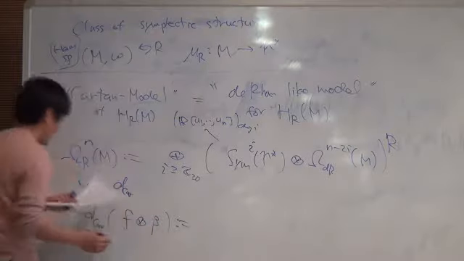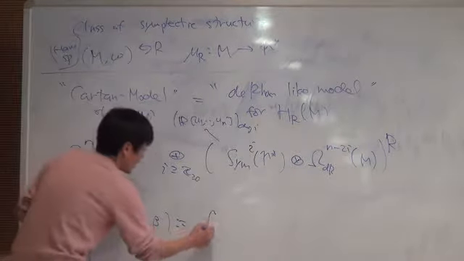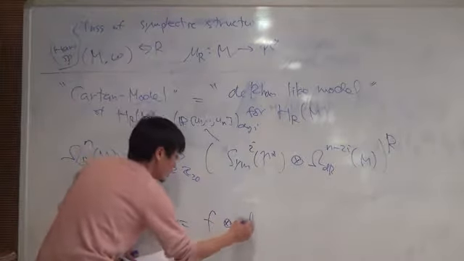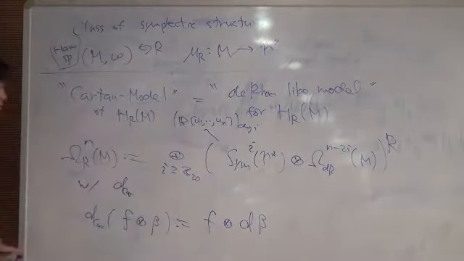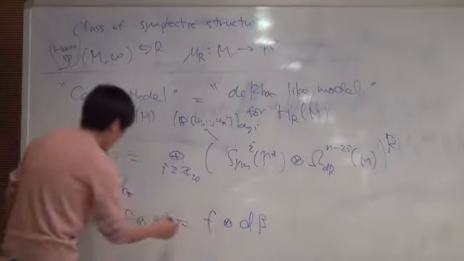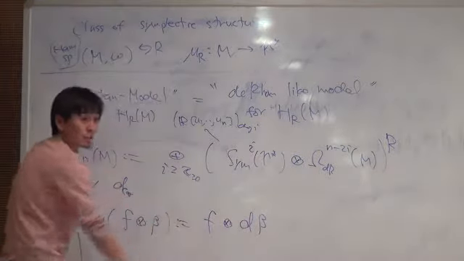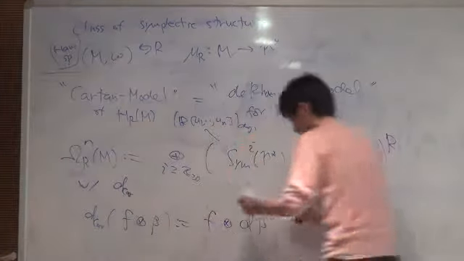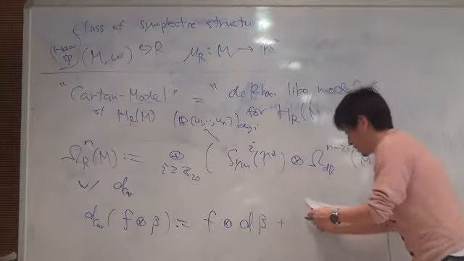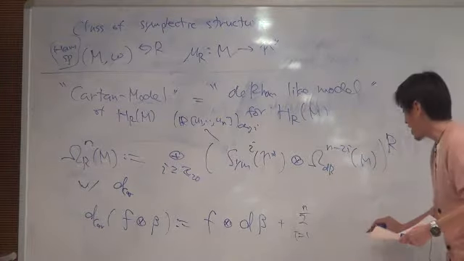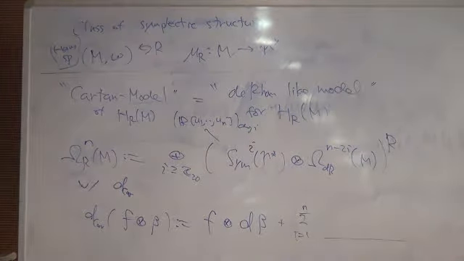It's defined as F tensor d beta, which increases the degree by 1, and then you add another term. This is the equivariant part of this Cartan model.